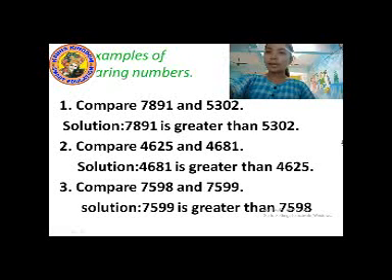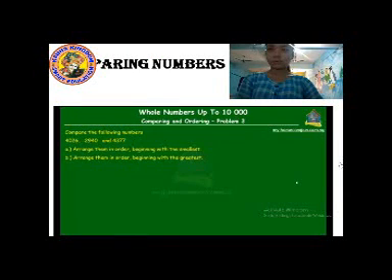So at last, comparing the ones place, 9 is greater than 8. So 7,599 is greater than 7,598.